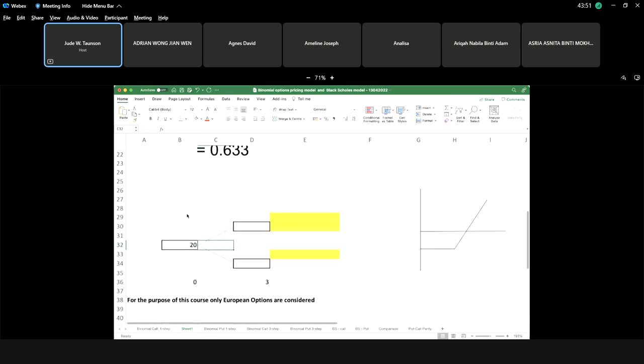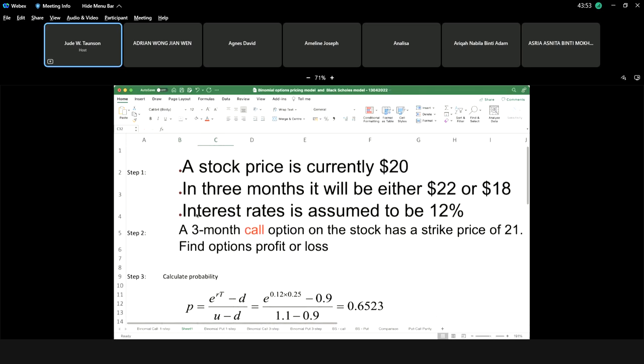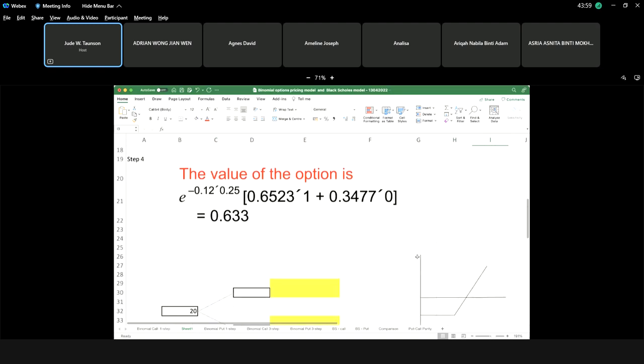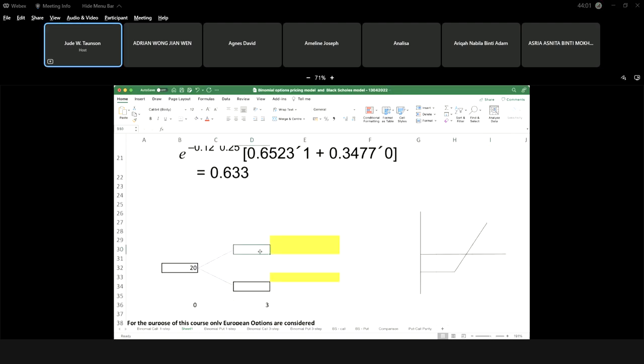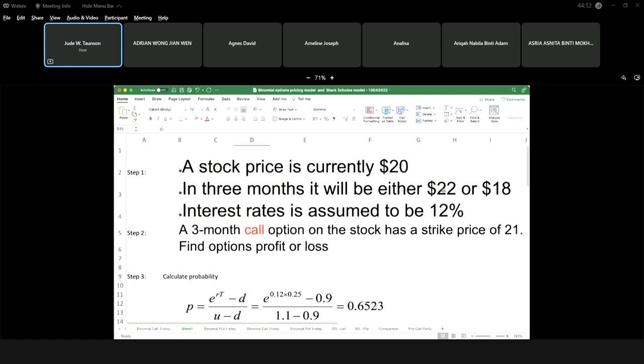So 3 months later, the stock price will be either 22 or 18. So just put here, go up 22, go down 18. So 22, 18.